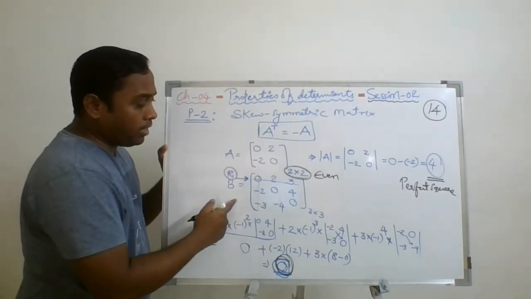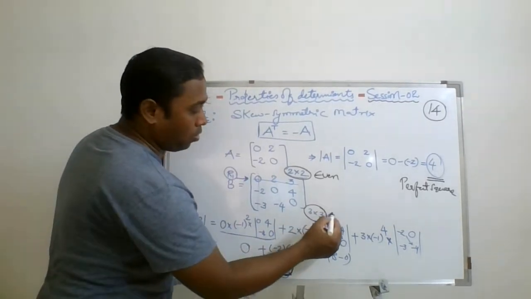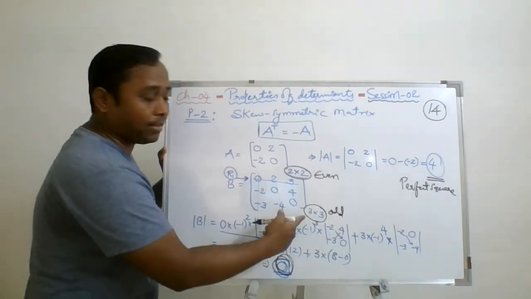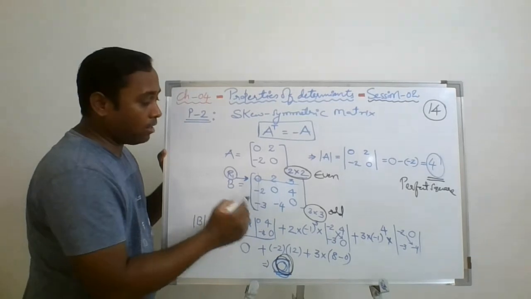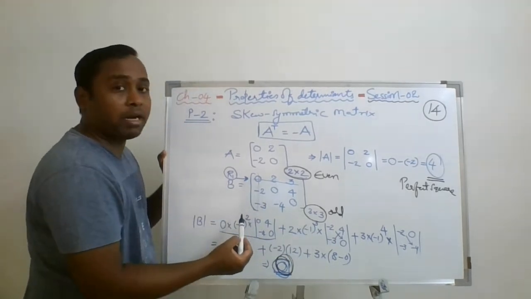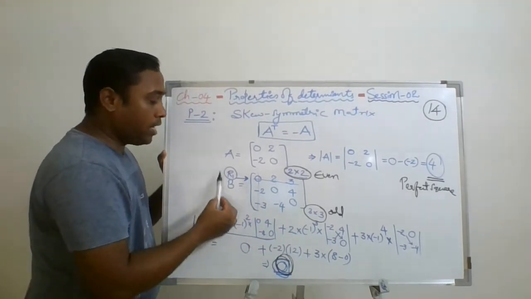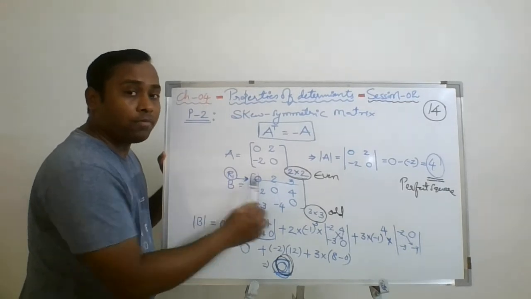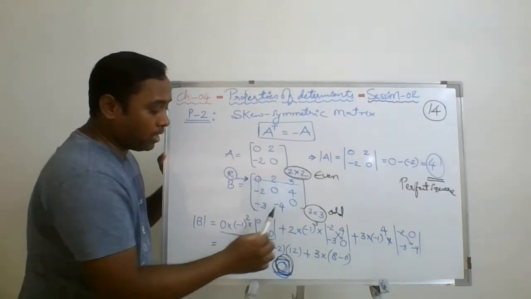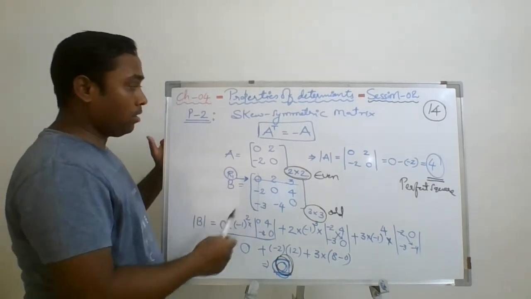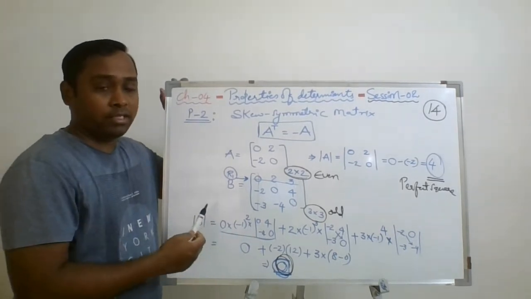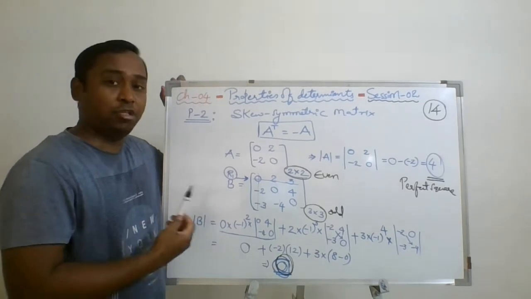But when you take an odd order, 3 by 3, 5 by 5, 7 by 7, 9 by 9, like this type of skew symmetric matrix, the determinant value of that odd order matrix is always 0. So while solving this type of question, no need to waste your time.